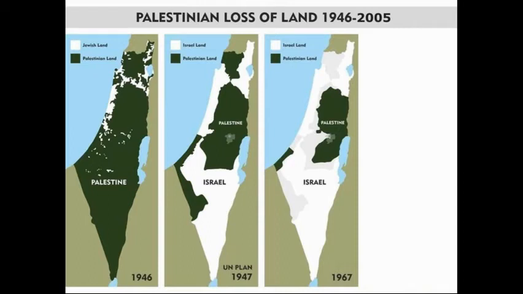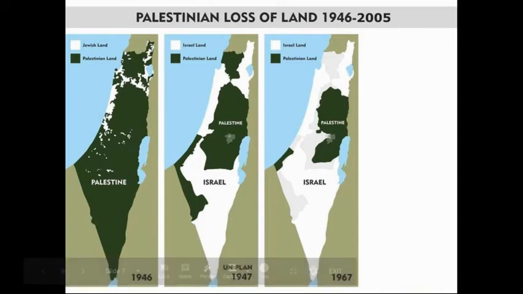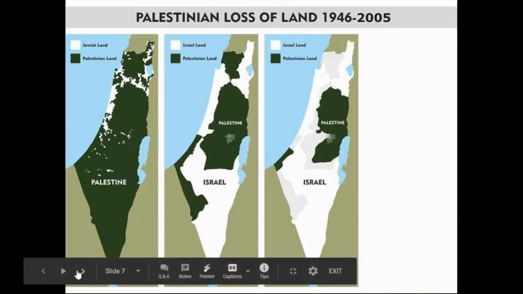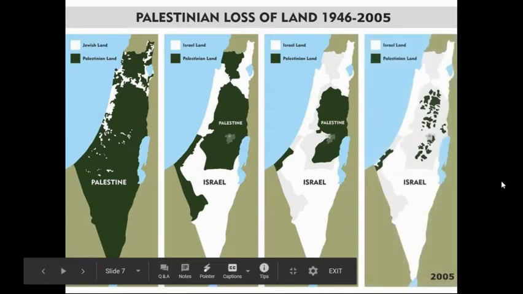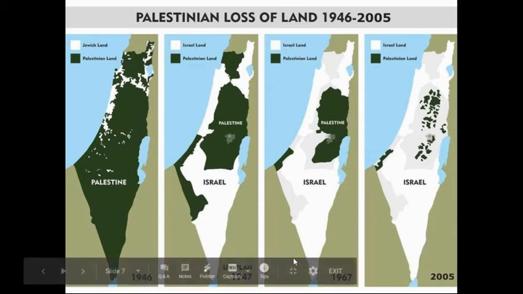In the 6-Day War, the Israelis really make the land grab. You can see a significant amount of territory that was taken after a war in 1967. And yes, I was born. Thank you for asking. And then again, 2005 is roughly what it looks like today. Again, green representing Palestinian territory.